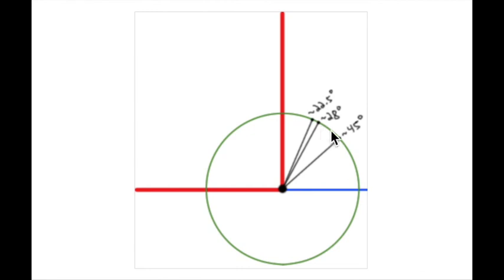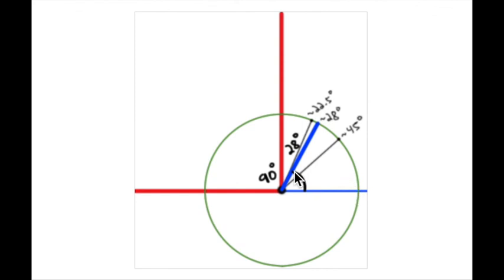So then what's the rest of this? What does it have to add up to? It has to add to 90 degrees. So this is 90 degrees to go from here to here. So it's another 90 degrees to go from here all the way down to here. So this angle right here, we haven't identified its size yet, but plus 28 degrees, those 2 angles have to add to 90 degrees.